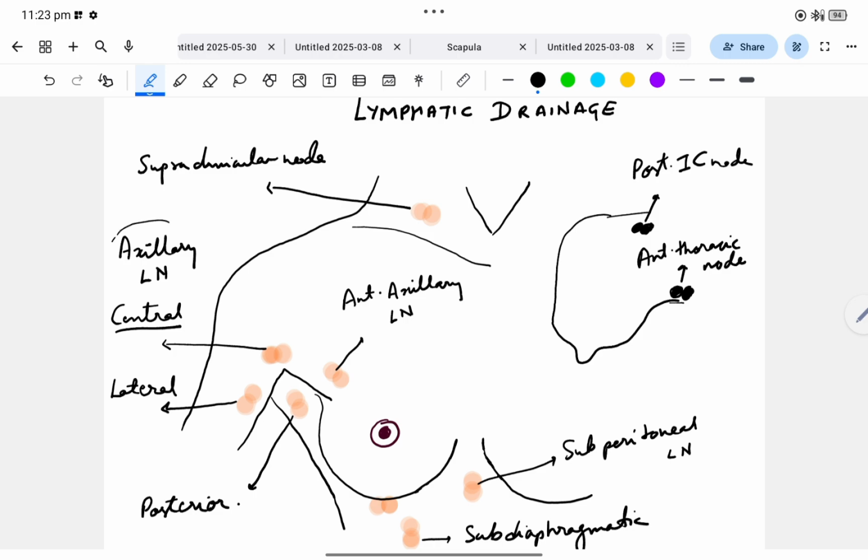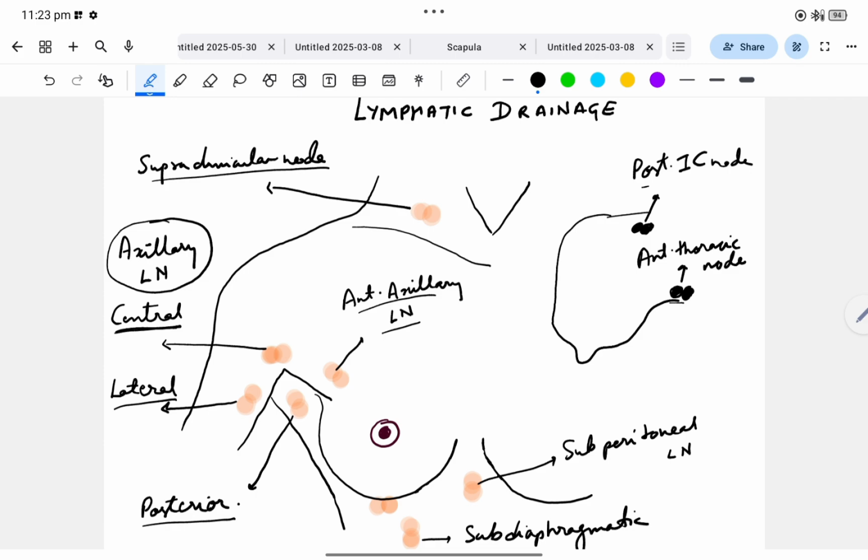See, first there is the group of axillary lymph nodes, which are first central, second lateral. By the location also you can see that this is lateral and this is posterior. So this is the group of axillary lymph nodes, and this also, that is the anterior axillary lymph node. Now the node present above the clavicle is the supraclavicular node.